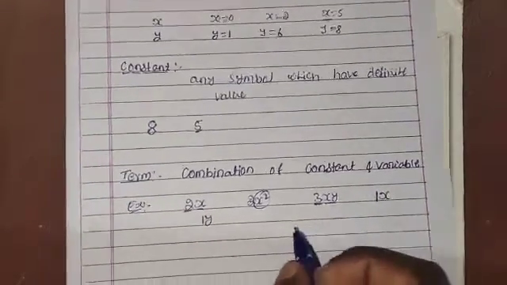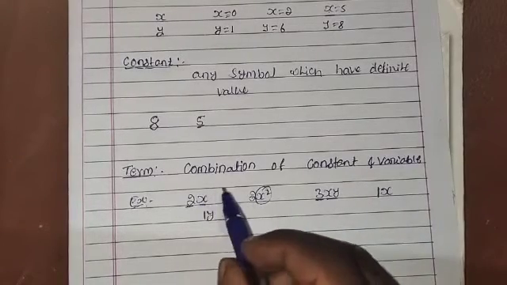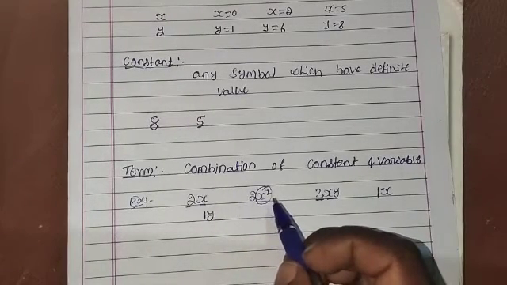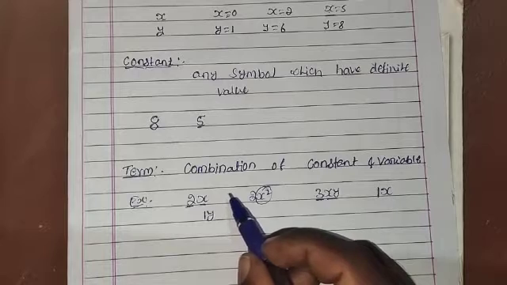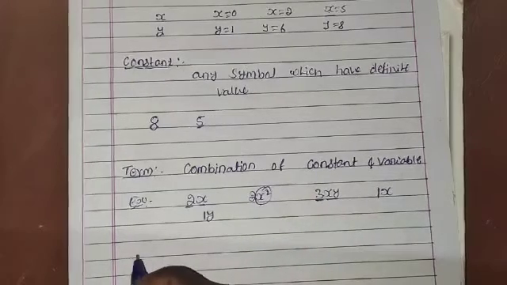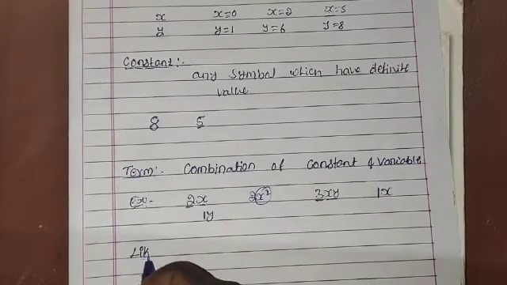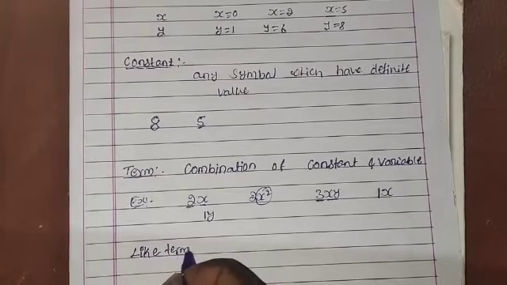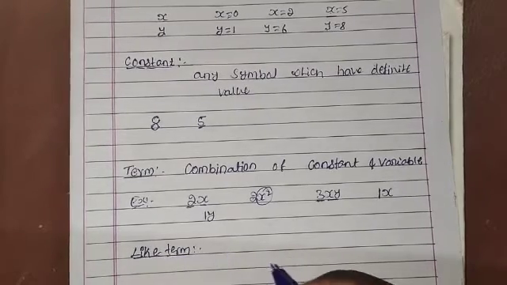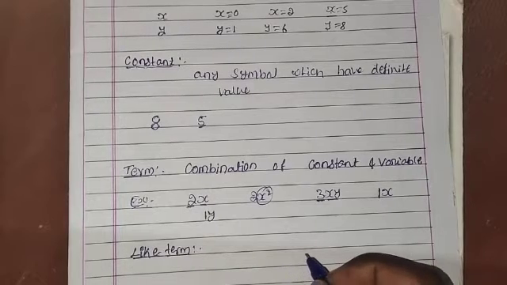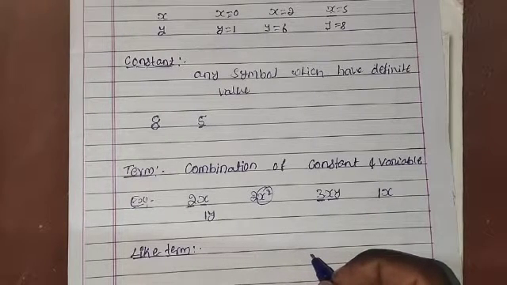Next, there are two types of terms: like terms and unlike terms. The first one is like terms. What do you mean by like terms? Like terms are two or more terms which have the same algebraic factors.